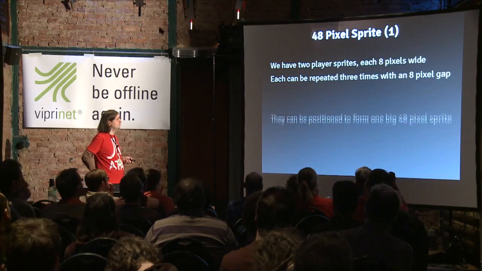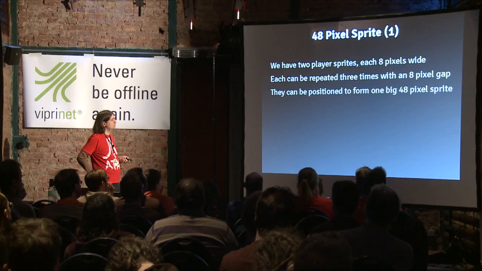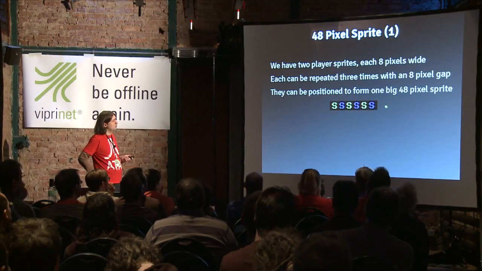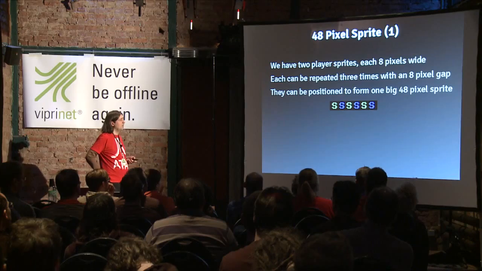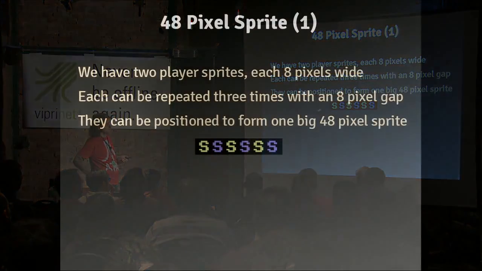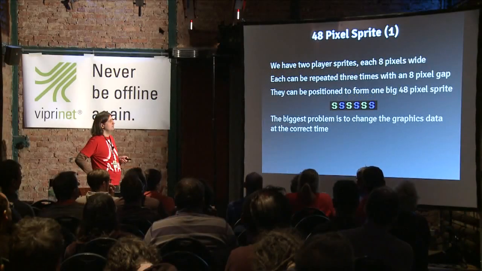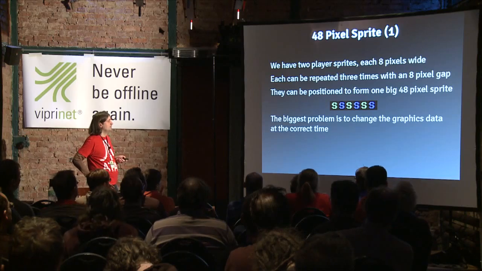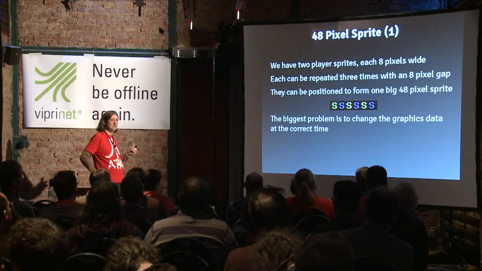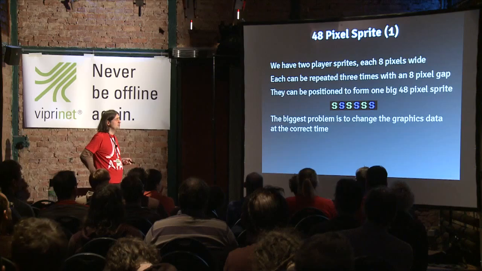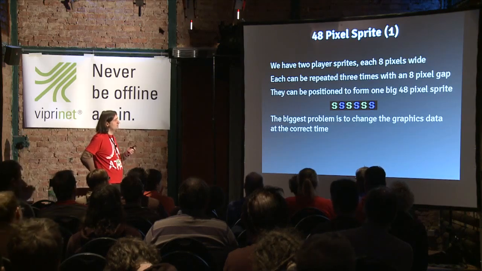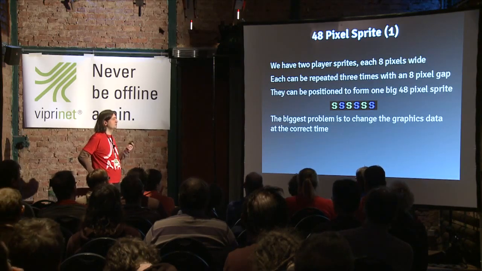What we're going to do is interlace them, display them one after another. And now all we have to do, simple, as the beam travels along, is change the sprite data as it's going to be displayed. And what we've got there is one 48-pixel sprite that's going to be the most valuable thing you've got in there to get things on screen.